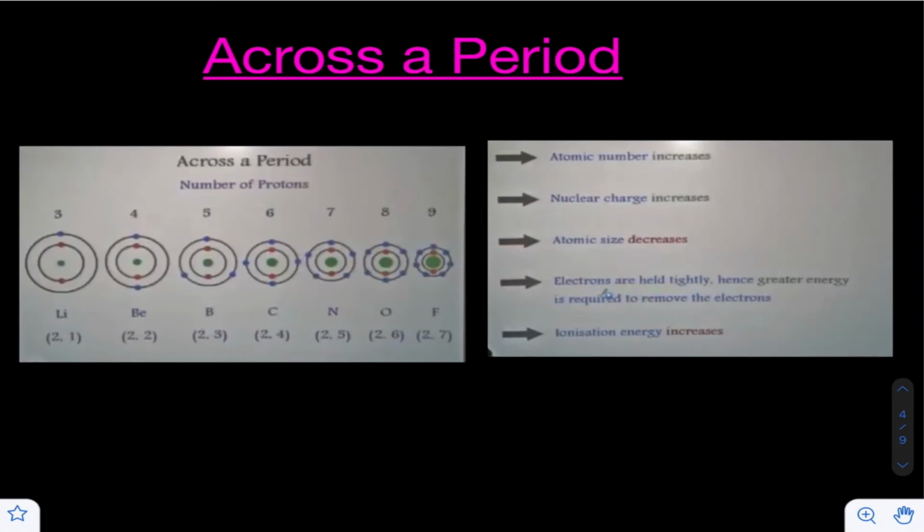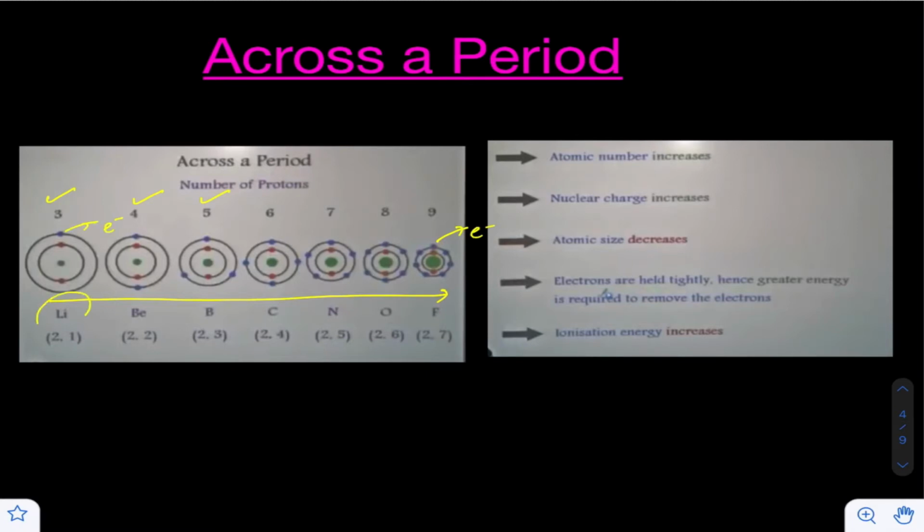Now we will study how ionization potential changes across a period. This is a lithium atom, this is a beryllium atom, this is a boron atom, and in the same way, if you go from left to right, you can see the atomic size is decreasing. So the tendency to lose electrons will also decrease.